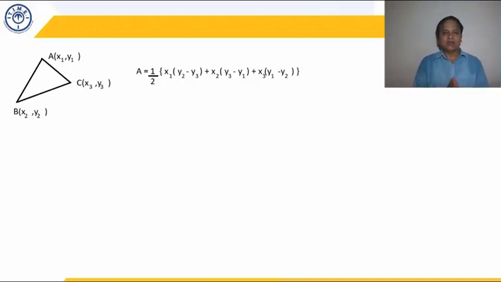Half of x1(y2 minus y3) plus x2(y3 minus y1) plus x3(y1 minus y2). This is how we calculate the area of a triangle. We keep x outside and inside the bracket is the difference of the other two y coordinates, keeping the cyclic order 1, 2, 3.